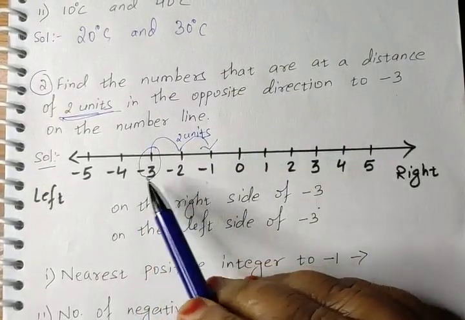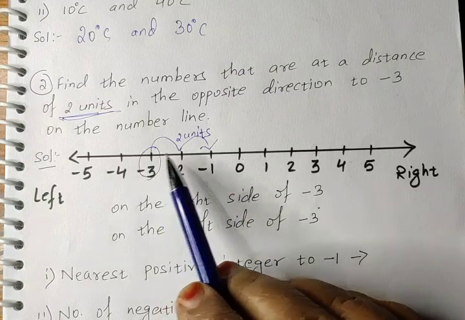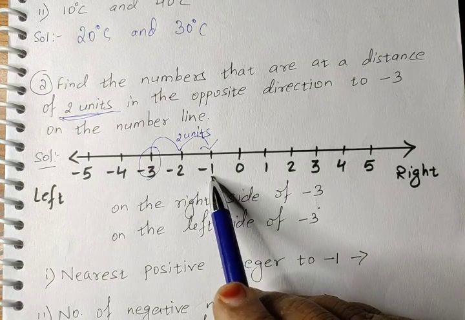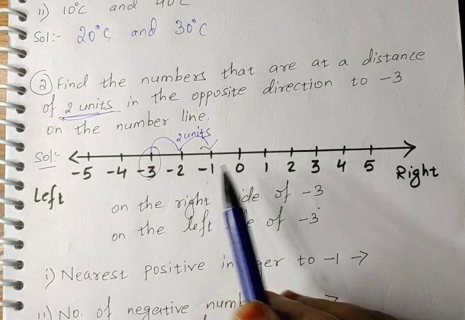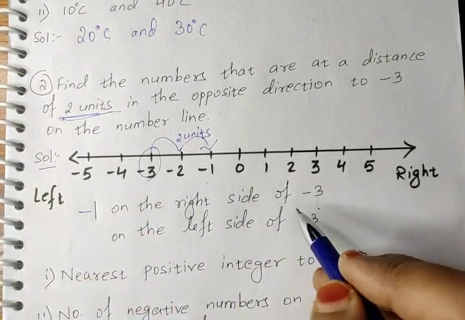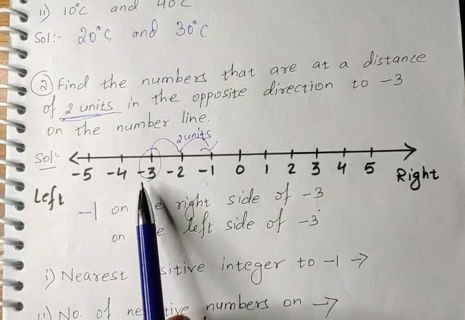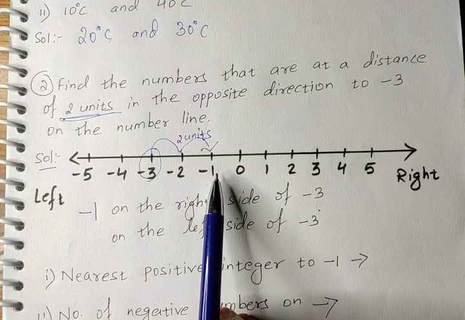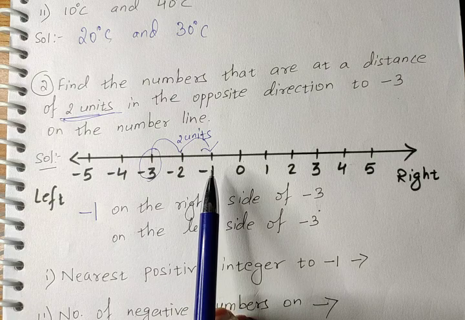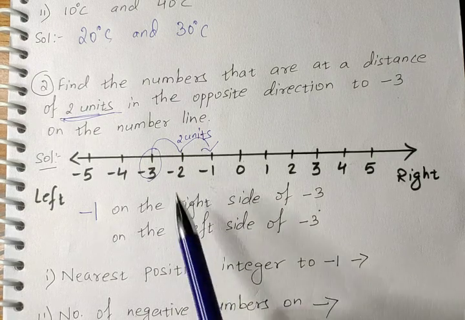When we go 2 units right of minus 3, we get minus 1. So on the right side of minus 3, the number at a distance of 2 units is minus 1.